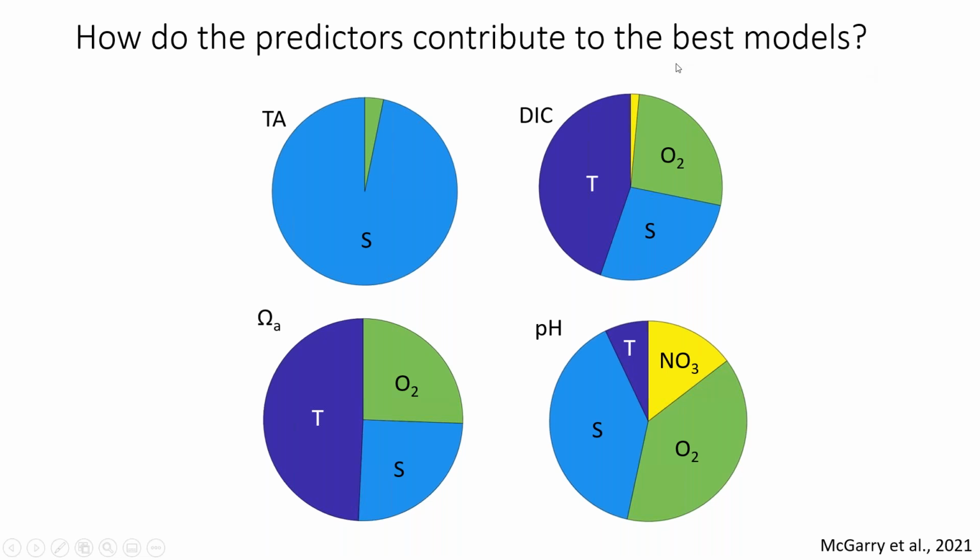And then temperature, while it's important for estimating DIC and aragonite saturation state, contributes little to the pH equation. And this is because the two effects of temperature on the carbonate system, one on the chemical speciation of DIC, and then the effect on air-sea gas exchange, compensate each other for pH, so that temperature is not a strong predictor of pH.